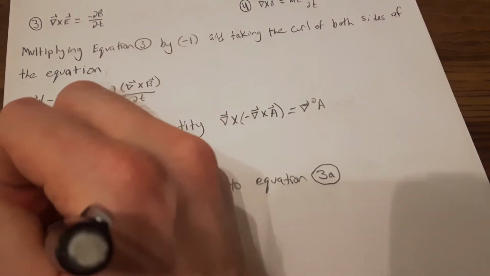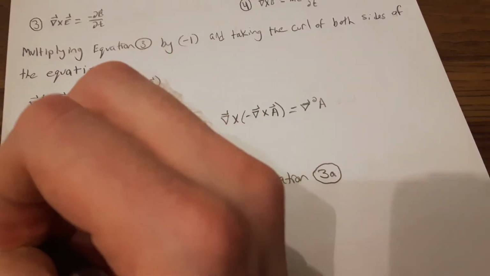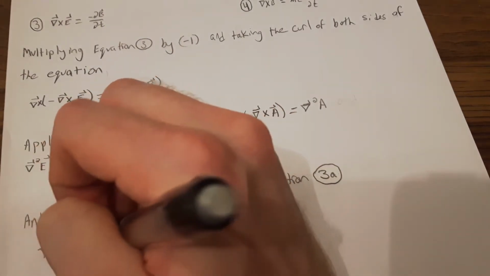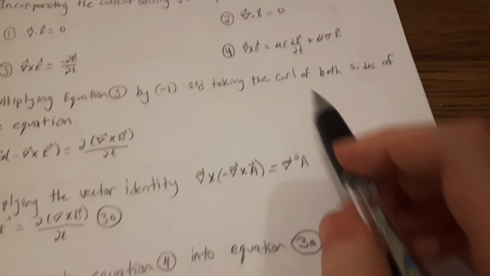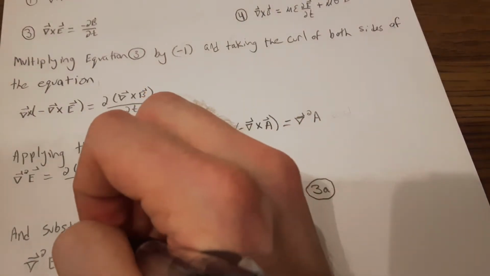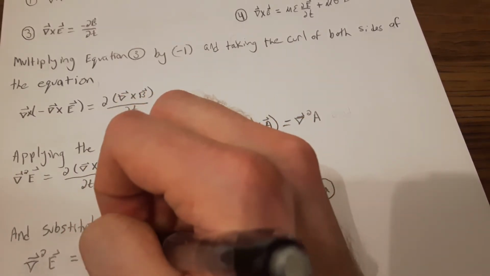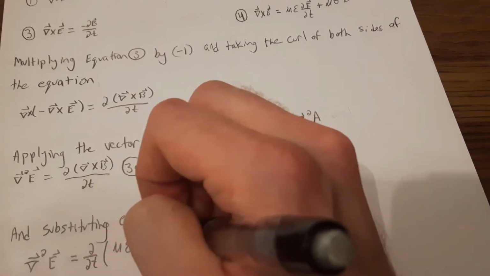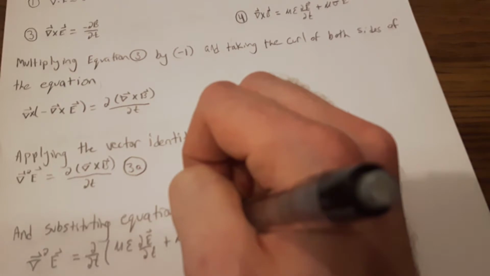So we get that the Laplacian of the electric field is equal to the time derivative of this entire expression, mu epsilon times the time derivative of the electric field plus mu sigma times the electric field.